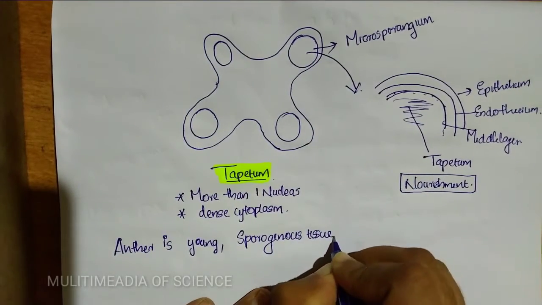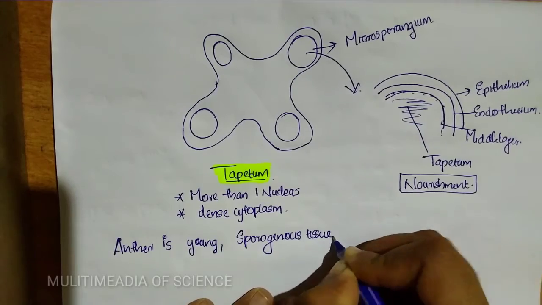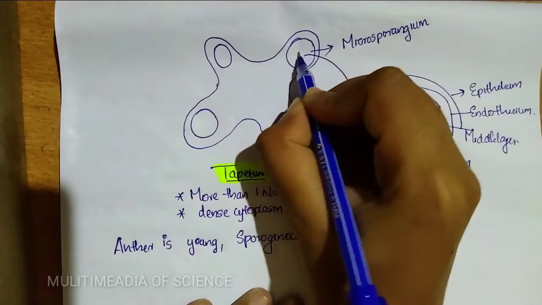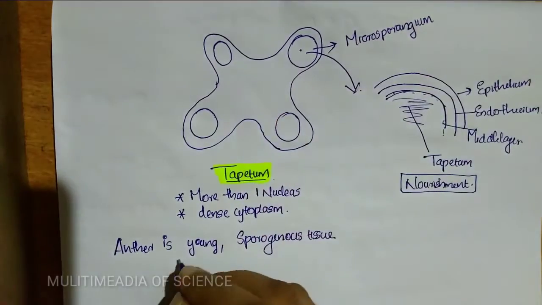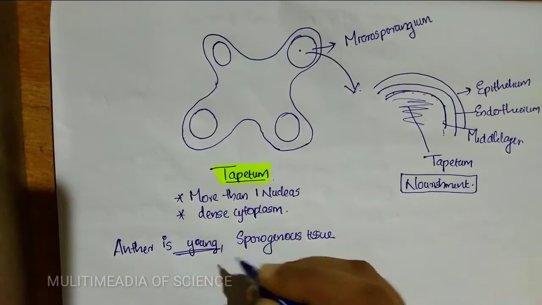So sporogenous tissue is present in the center of the microsporangium when the anther is at the young stage.